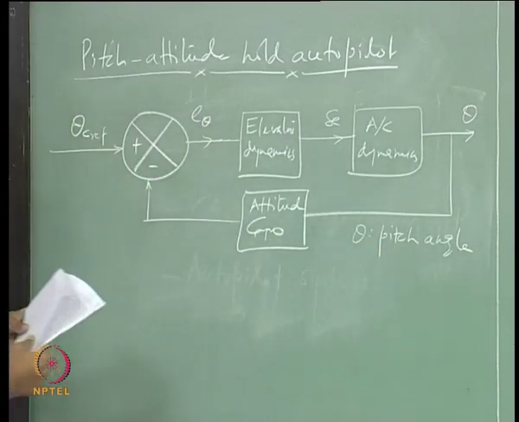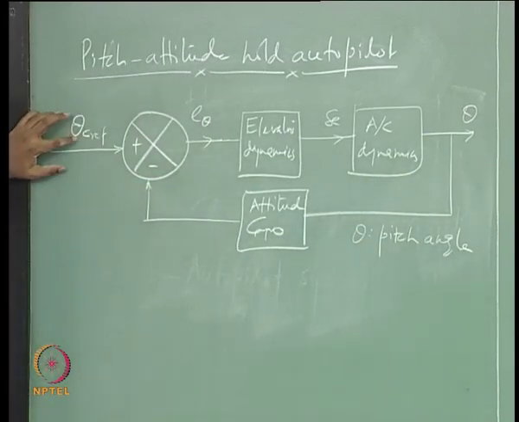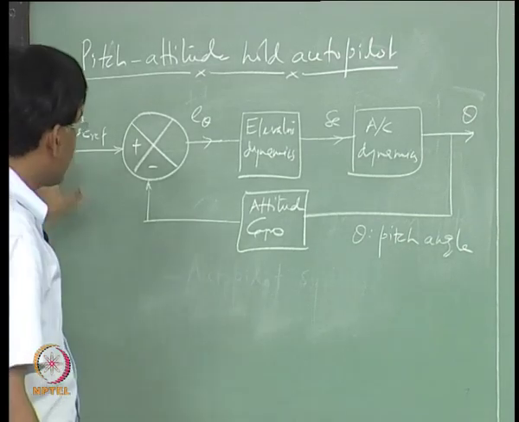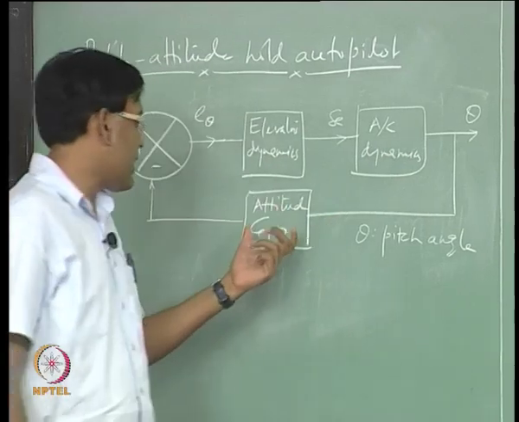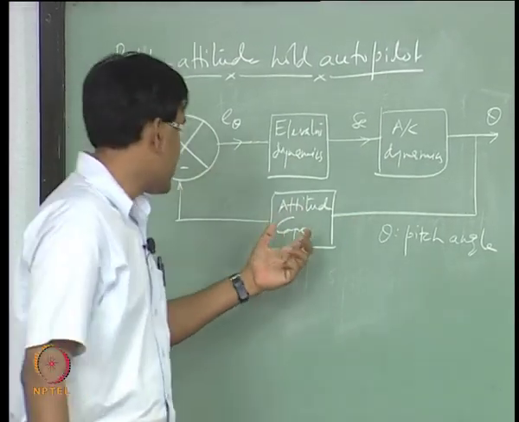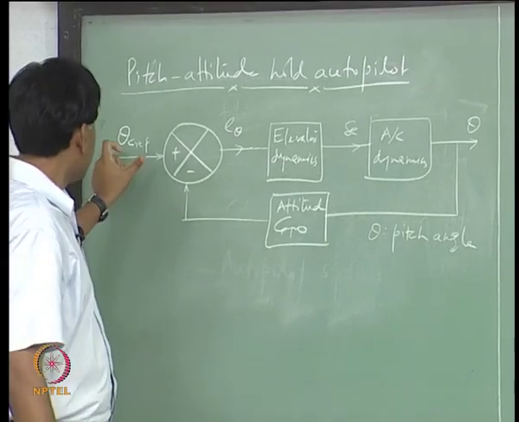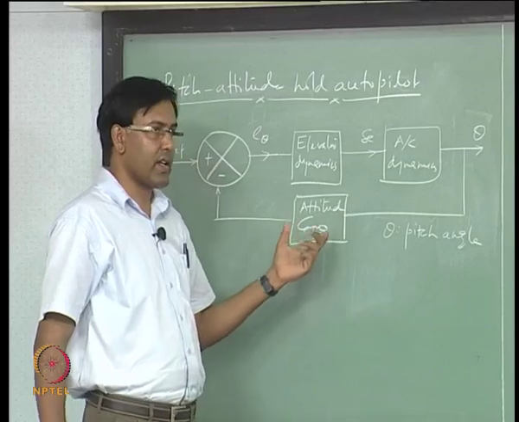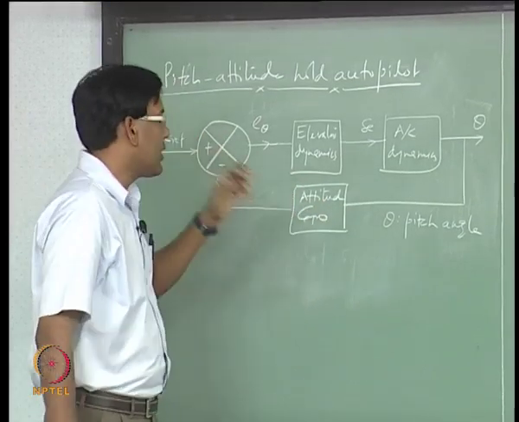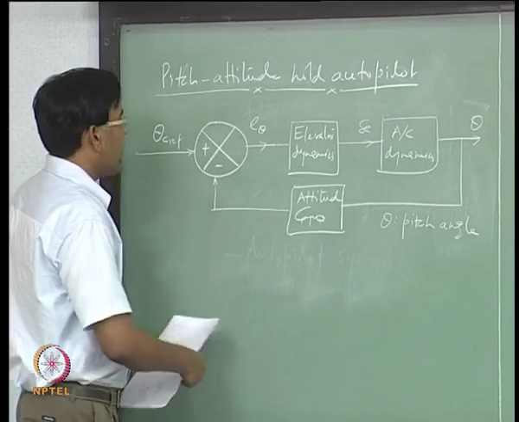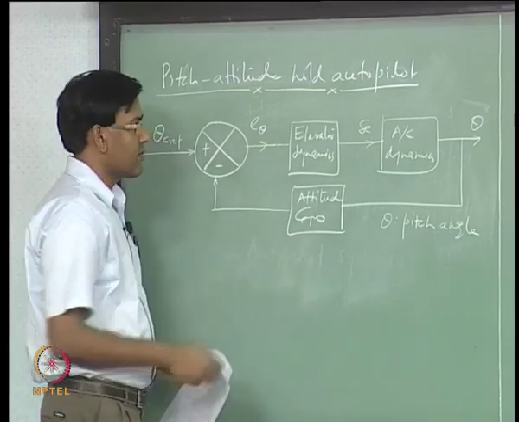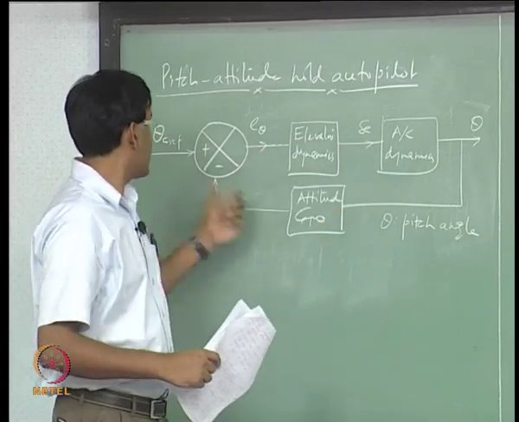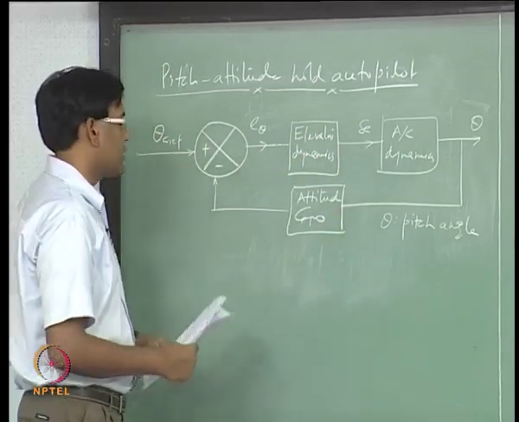So, what is happening here is, as soon as there is a change in pitch angle from this reference condition, the attitude gyro, which is fixed at this condition, will read an error in the change in pitch angle, and that error is going to actuate the elevator in such a fashion that theta reference minus theta is minimized.